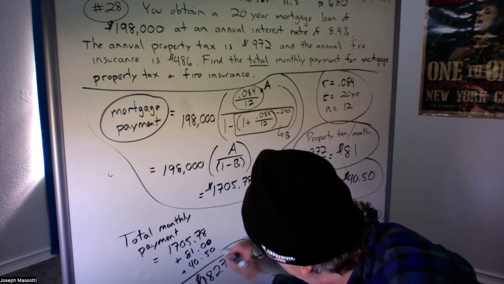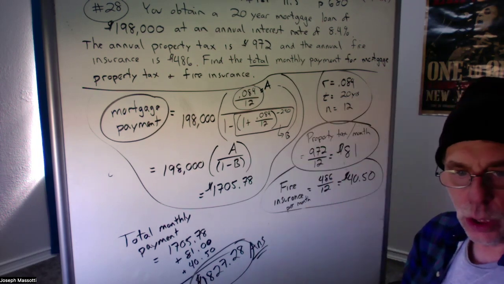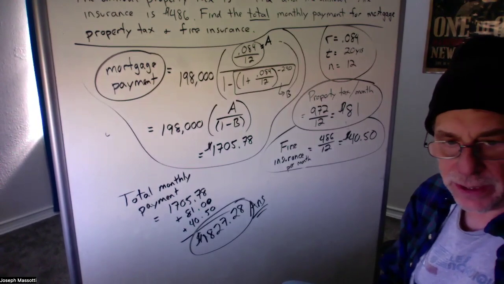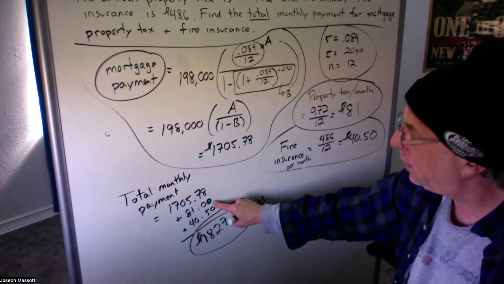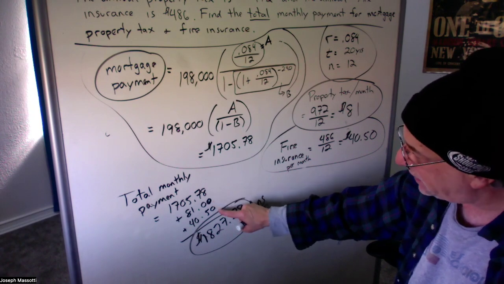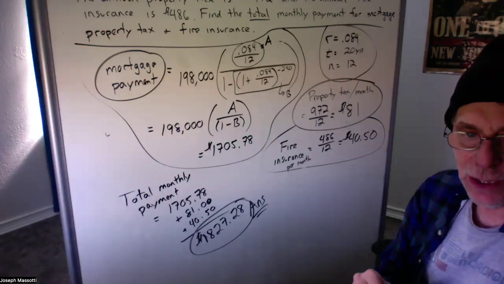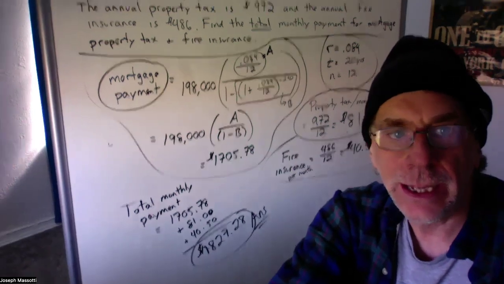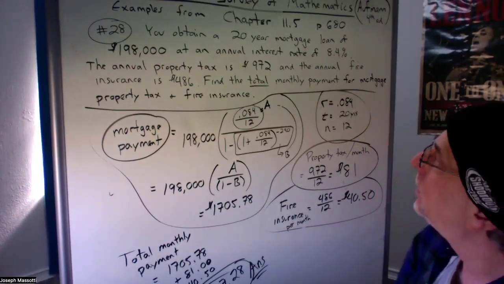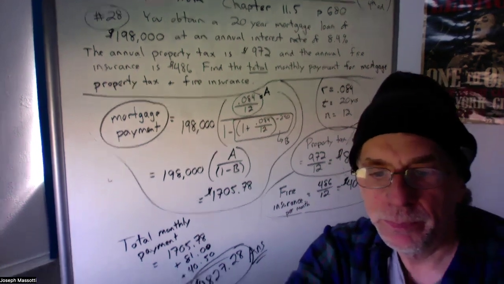So that is going to be our answer for the total monthly payment: the mortgage payment, the annual property tax, and the fire insurance per month give us a monthly payment of $1827.28. So that is number 28, chapter 11.5, page 680. Good times.